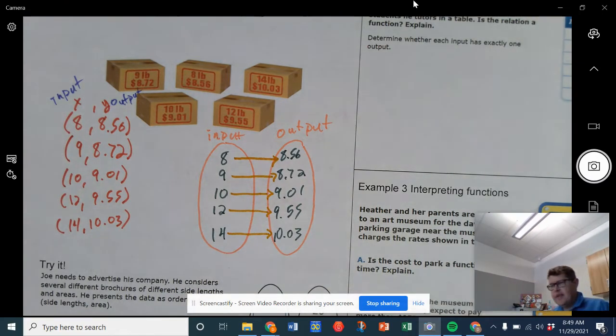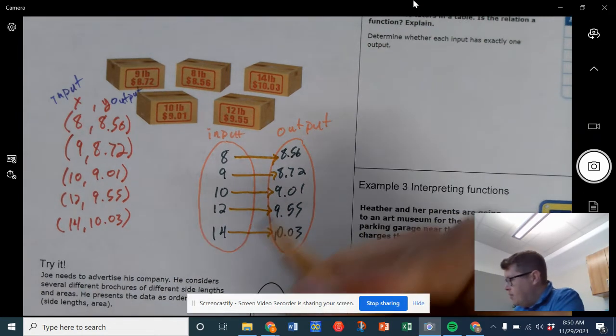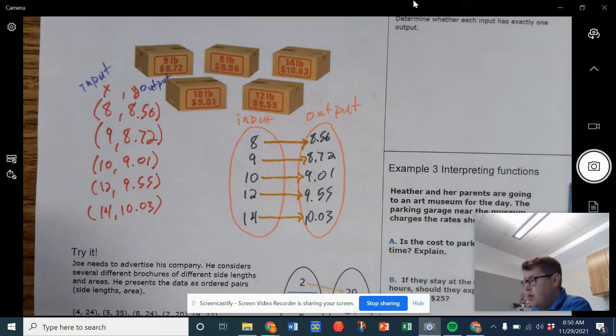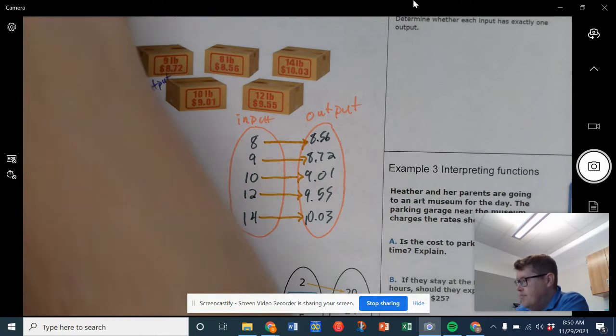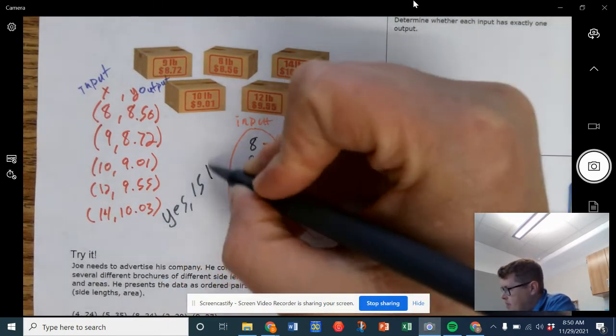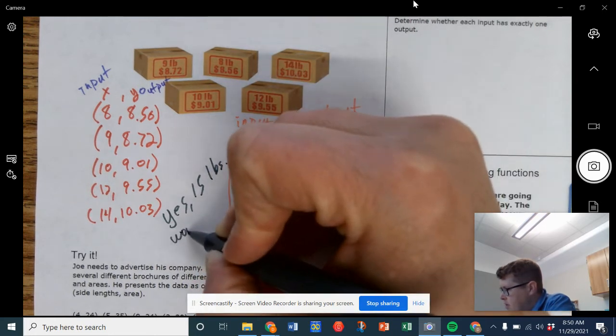Should Jonah expect that the cost to ship a 15-pound box will be a unique cost? And so if we take a 15, well, we can see that it's going up each time. So yes, 15 pounds would be a unique cost.